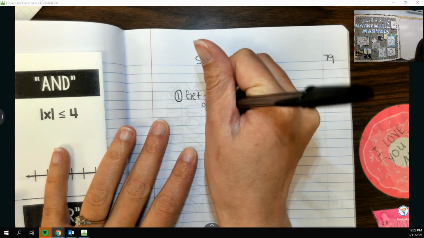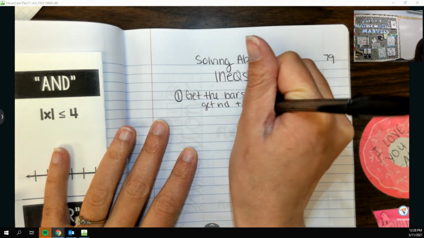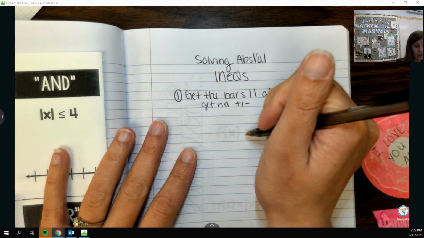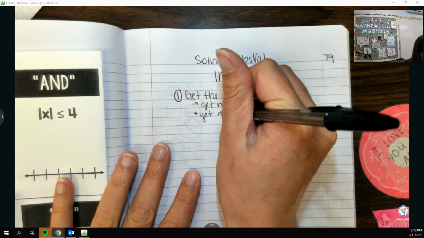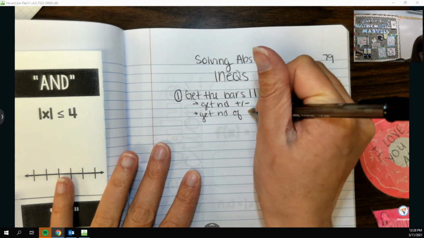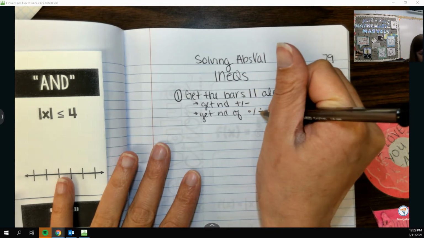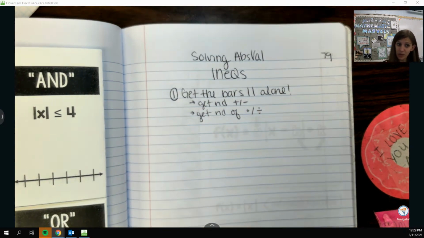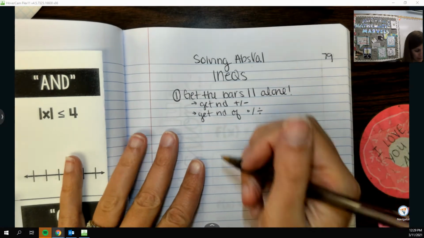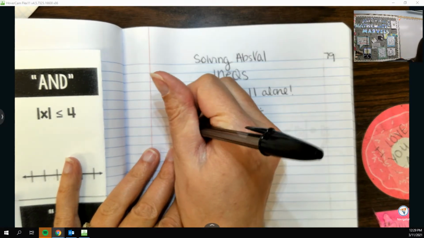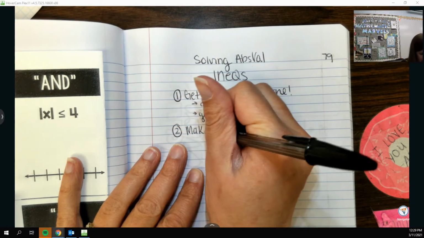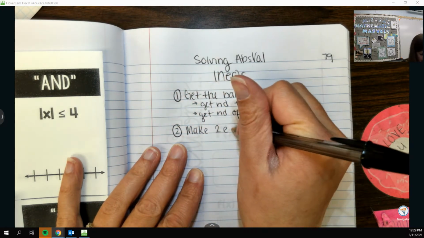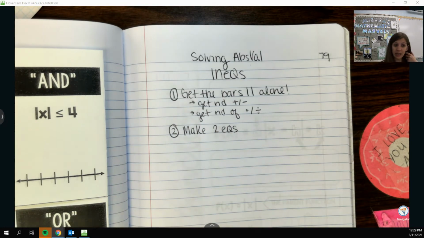So like get rid of add or subtract that's over there with the bars. Then we want to get rid of multiplication or division, which might be sitting in the front of the bars. So you're going to get rid of those. Once your bars are alone, we always make two equations after that, although these ones will be inequalities.